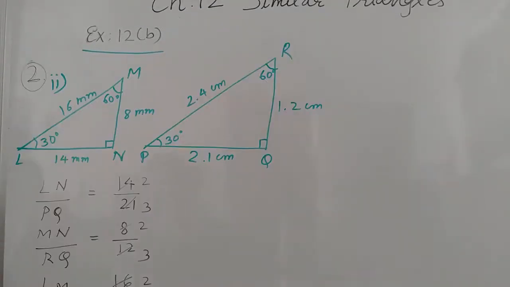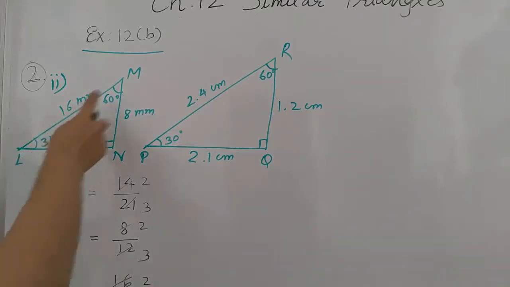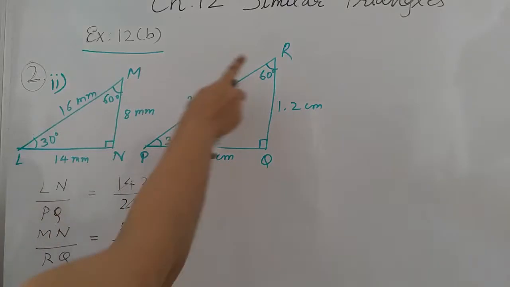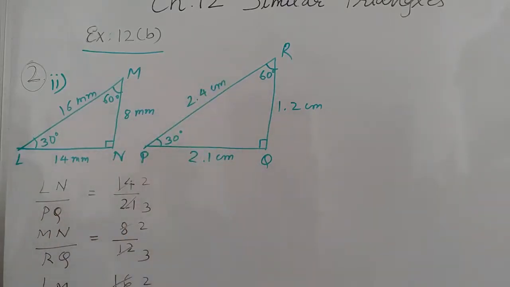Here is exercise 12B question number 2, second part. The figure is already drawn on the board. The question is, write down the ratio of the corresponding sides for each pair of triangles and check that it is the same ratio. So here two triangles MLN and RPQ are given.